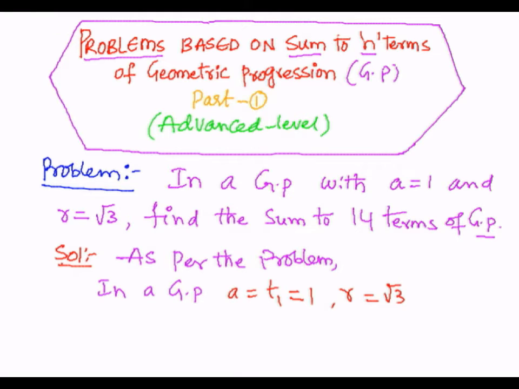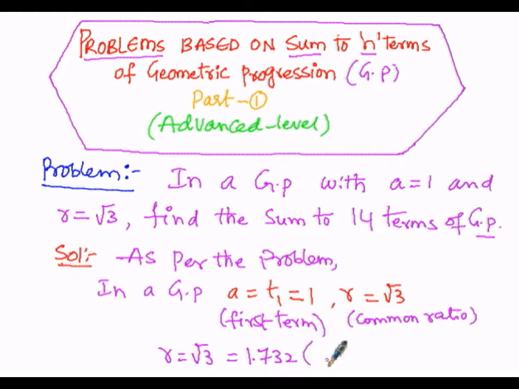So here a is the first term of the GP, whereas r is the common ratio. But here the r value is given as root 3, but its value is approximately 1.732, that is nearly.